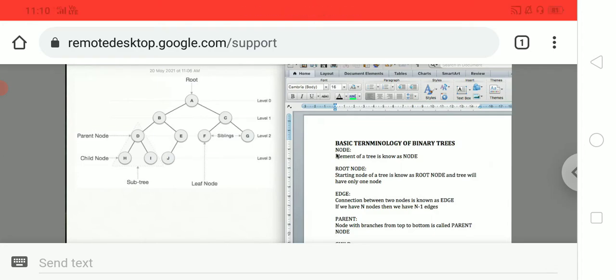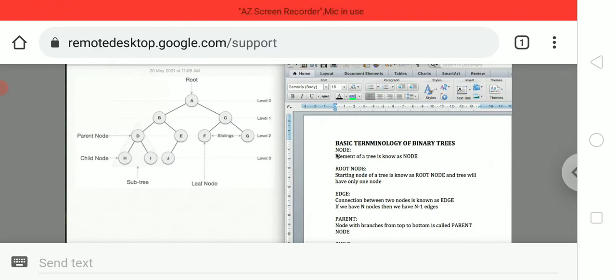In this example, B and C don't have a close relation, F and G don't have a close relation, and likewise H and I. These nodes don't have any close relation, and this concept comes under nonlinear data structures. I think now you understand the difference between linear and nonlinear data structures.